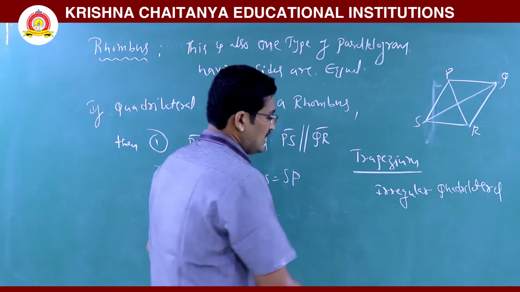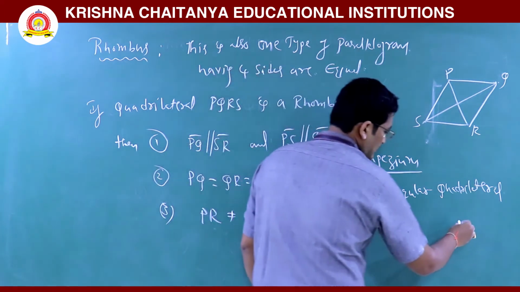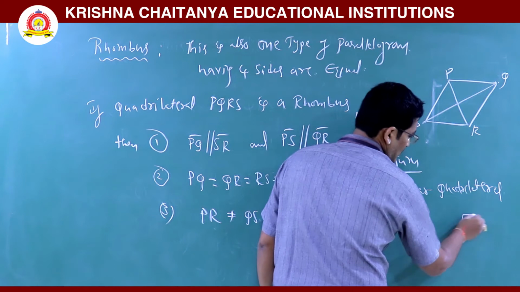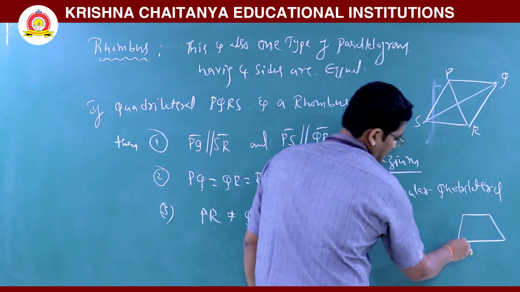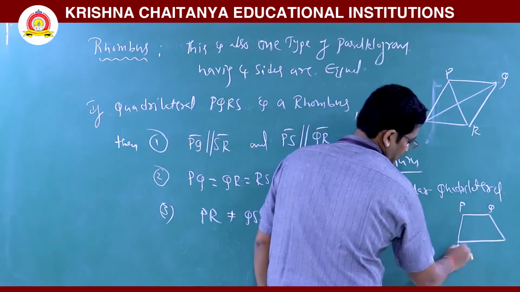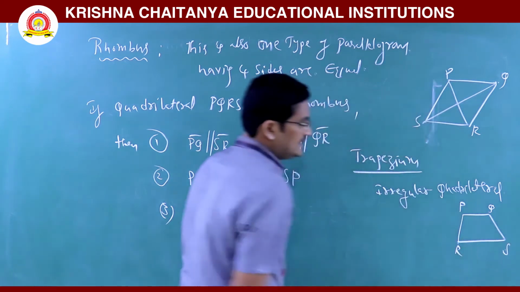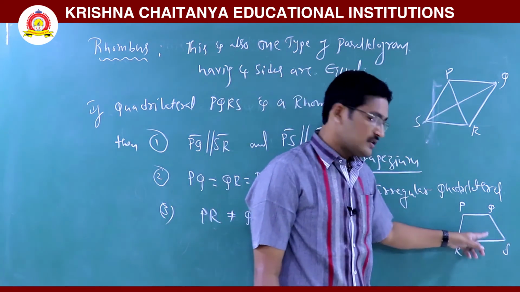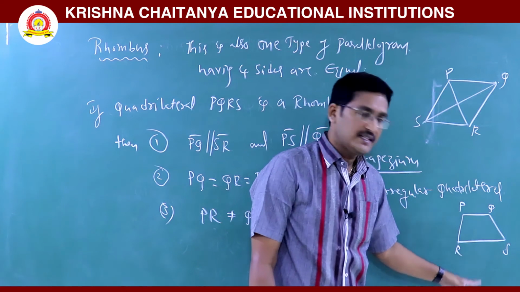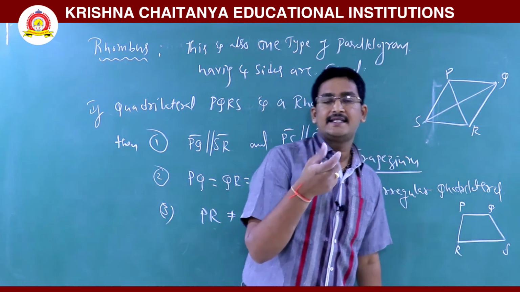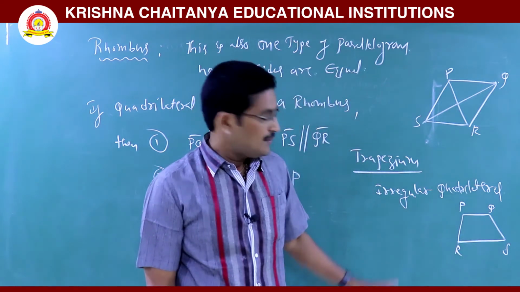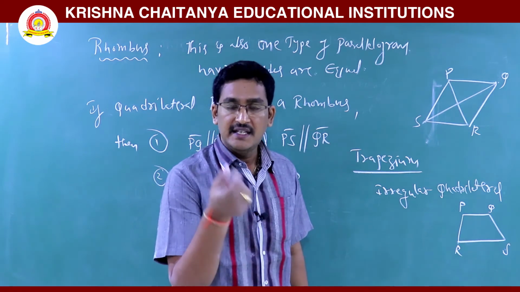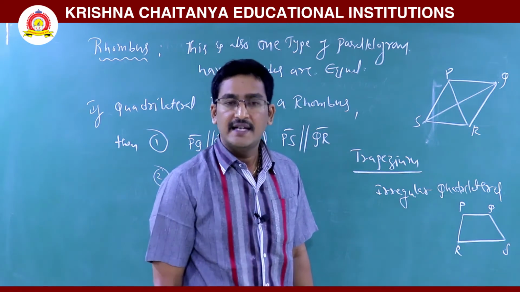So, you have to say this one is an irregular quadrilateral. Suppose we take PQRS as a trapezium. Then this PQRS has four sides, you know. Among these four sides, a pair of sides should be parallel. That is the condition.